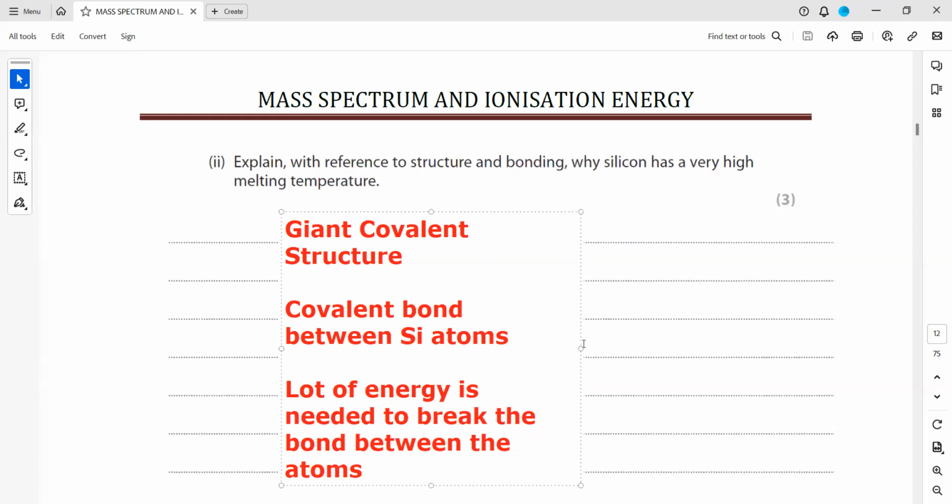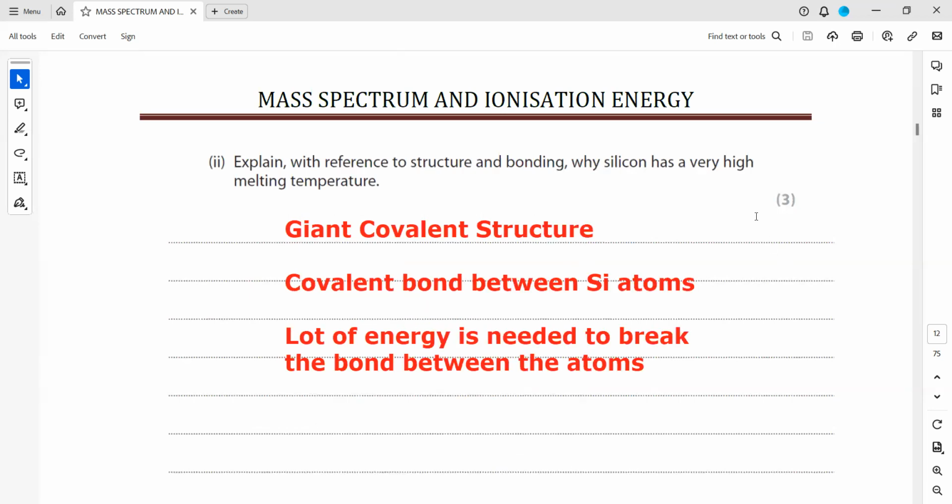That's why we say it has a high melting point. Is this clear? It's important that you learn the structure of the answer.